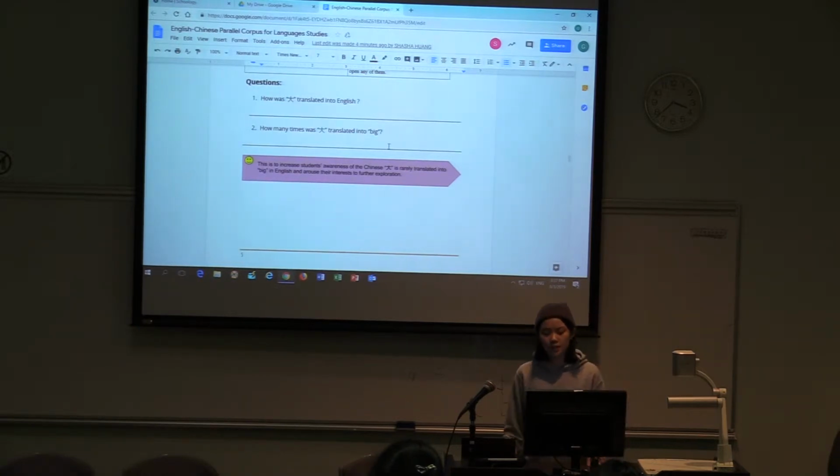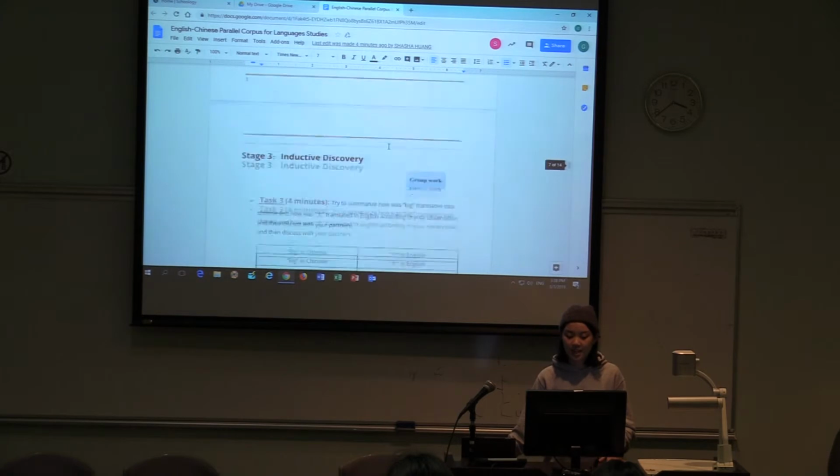The purpose of these 2 tasks is that we want our students to have a basic understanding of how "da" and "big" can be translated into Chinese and English, and to arouse their previous knowledge and understanding of the translation rules.